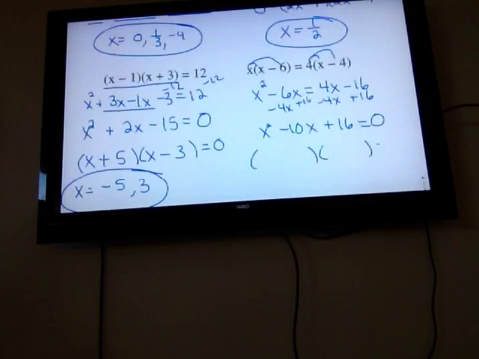And I refactor this. x squared is x times x. My signs are both minus. And 16, 8 times 2, that will give me my negative 10 in the middle. And then my two solutions are positive 8 and positive 2.